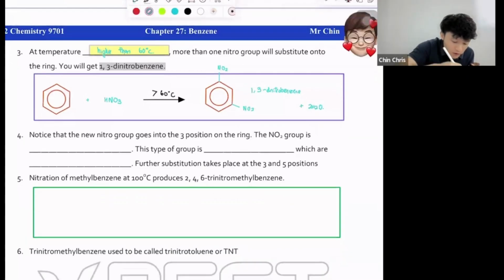I highlight the new nitro group goes into the third position, yeah. Okay, why? So guys, NO2 group, right, is an electron withdrawing group.